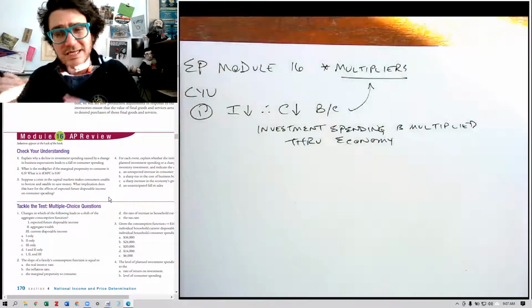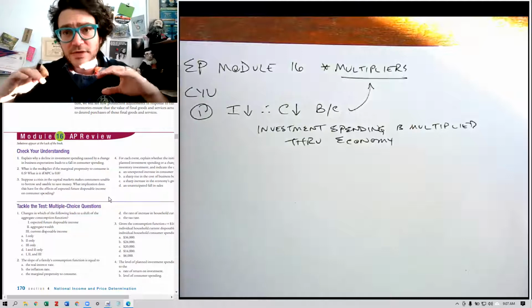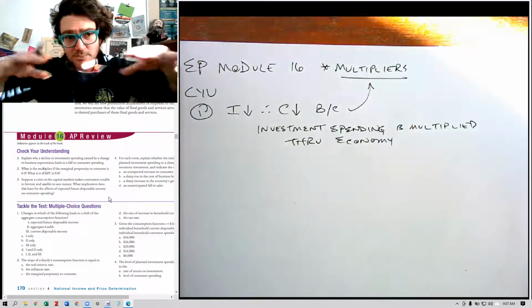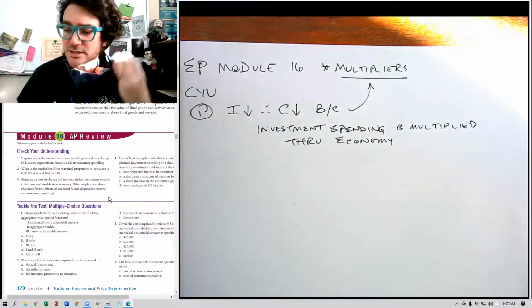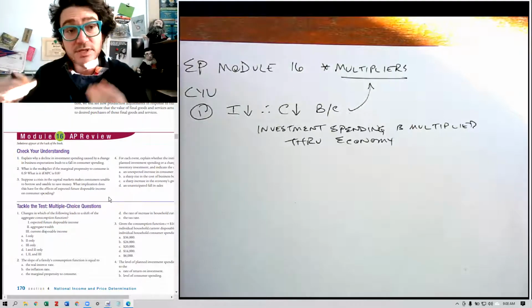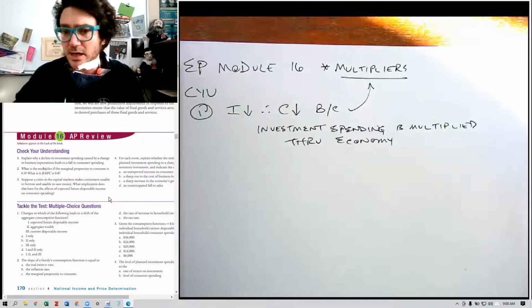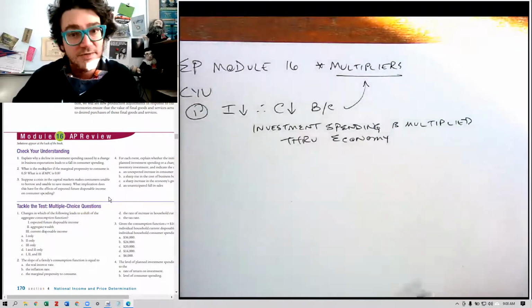The idea here is that investment spending, like government spending, has this multiplied effect, like a ripple effect in the economy, such that an initial investment will have some carryover effects on other people. And that's because one person's spending is another person's income. It's particularly true for investment spending.